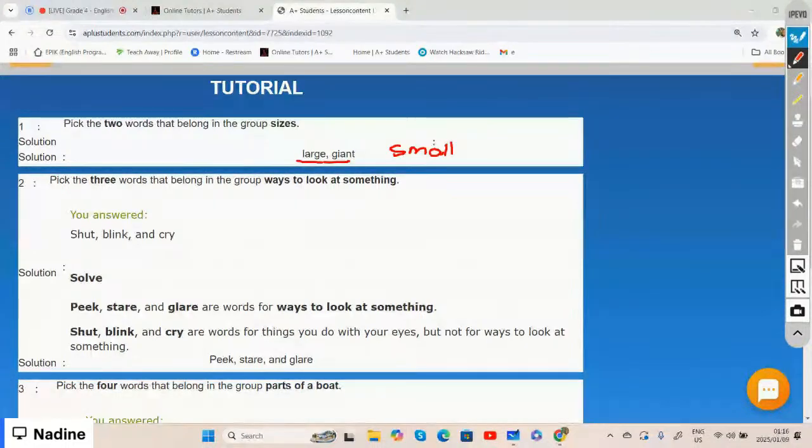All right. We need to choose three words that belong in the group of ways to look at something. What are three ways, or what are ways that you can look at something or someone?